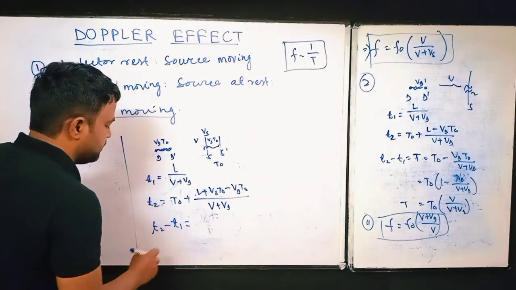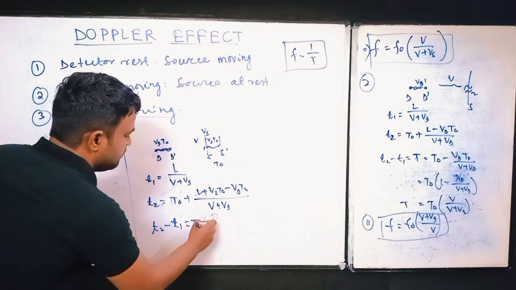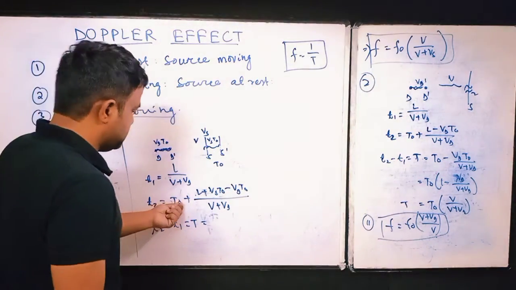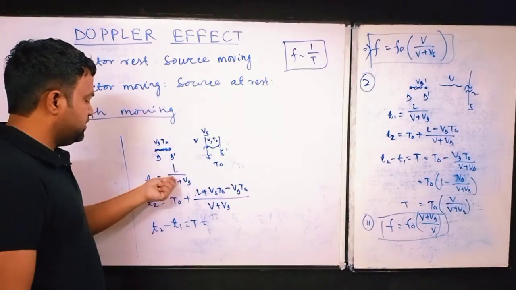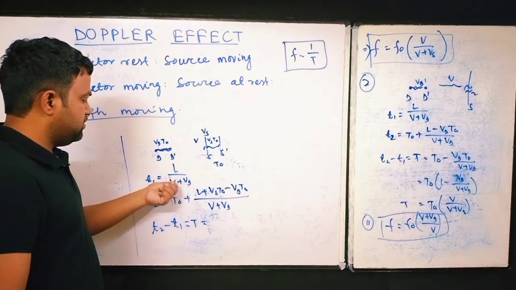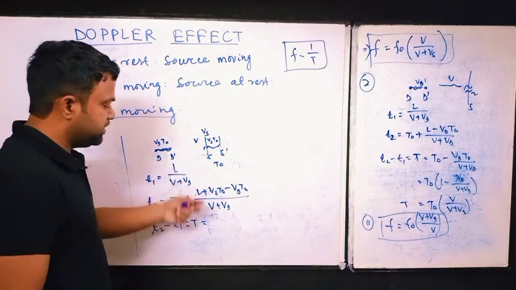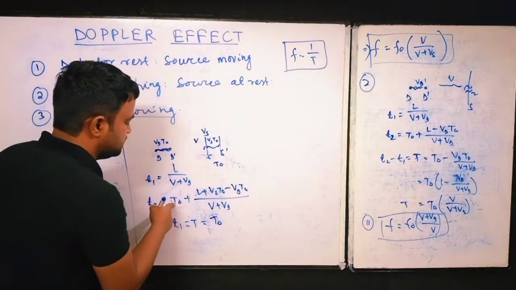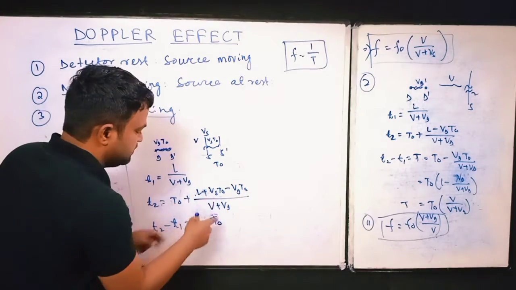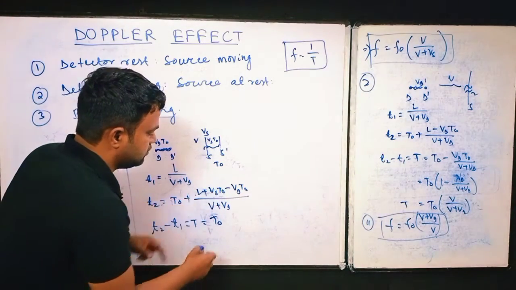The time period for the observer is L upon V plus Vd plus T0 plus Vs T0 minus Vd T0 upon V plus Vd, minus L by V plus Vd. So this will cancel out. So this is T0, and you can take T0 common.